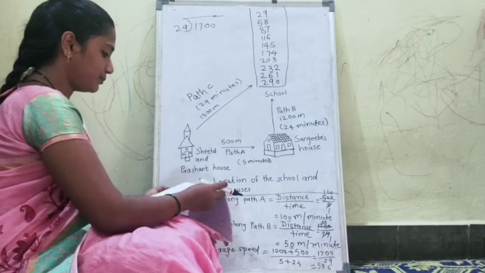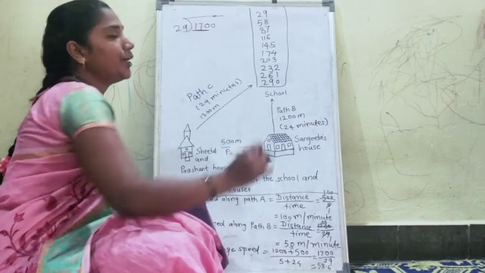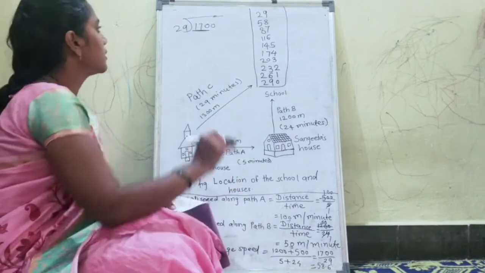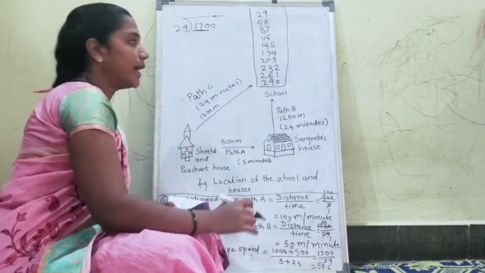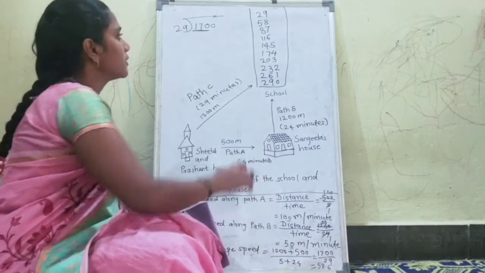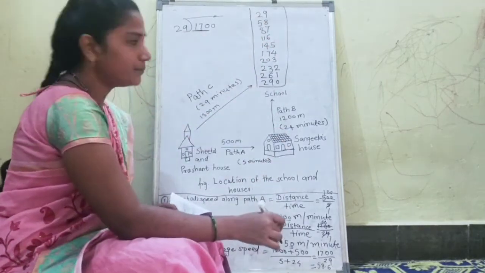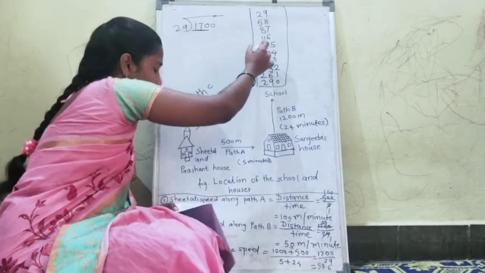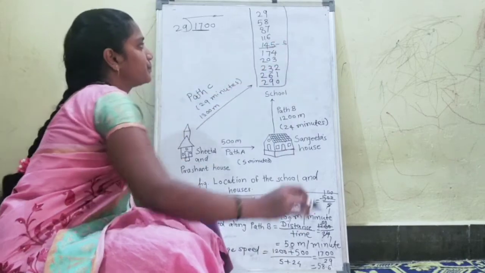You get here, I take a 3-digit number 170 and look in the table of 29 for the number less than or nearest to 170. What is the nearest number to 170 in the 29 table? That is 145, which is at the 5th place.